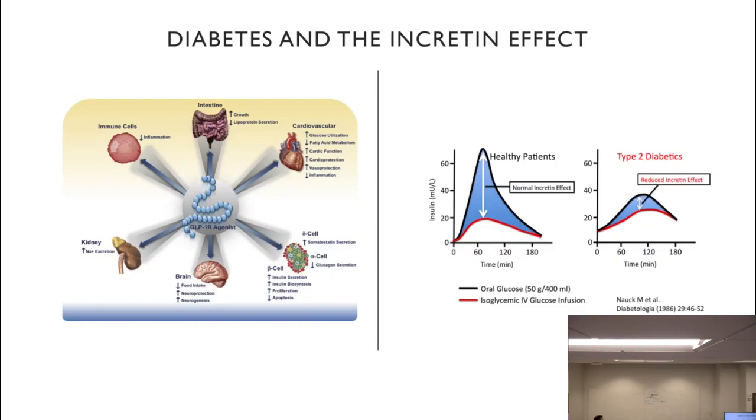Now, compared to patients with type 2 diabetes mellitus, notice that the response after the IV infusion is very similar to that of healthy patients. They even produce more insulin, and the insulin stays elevated longer in time. One of the characteristics of patients with type 2 diabetes is hyperinsulinemia.